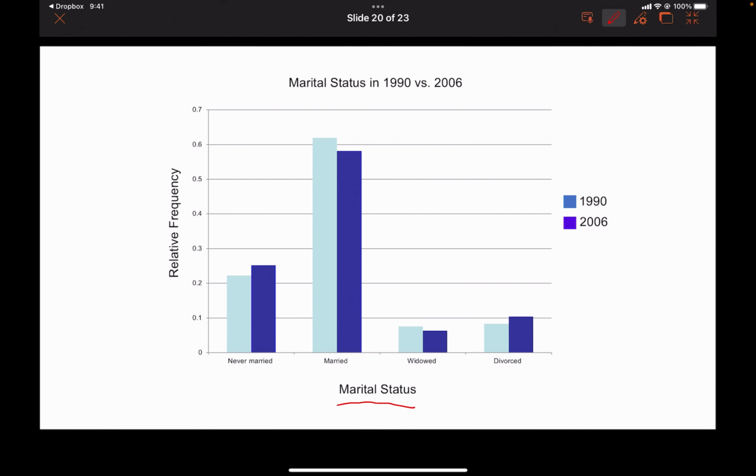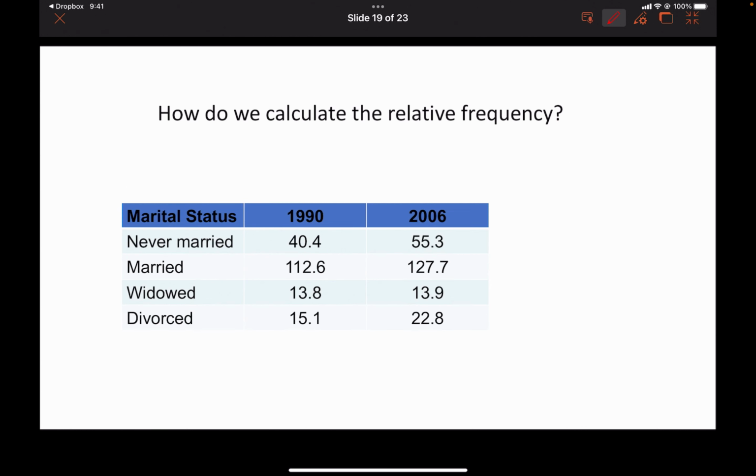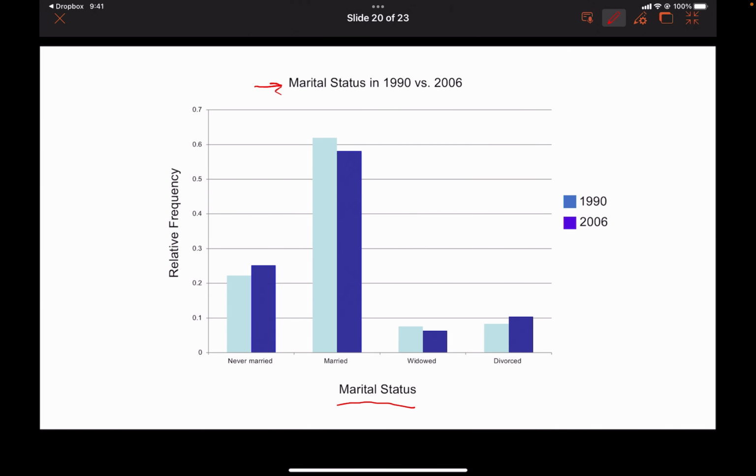Somewhere in the write-up it probably says that it's in the U.S. If it doesn't, then you would need to add a little more to the label, marital status of U.S. residents. Or maybe there's a little write-up about this, a whole story surrounding it.